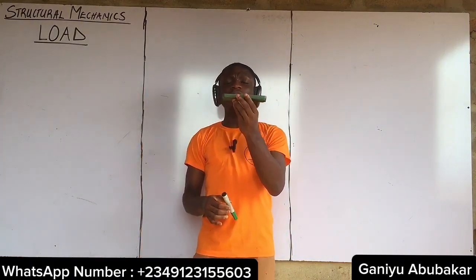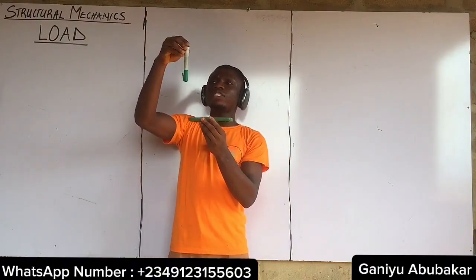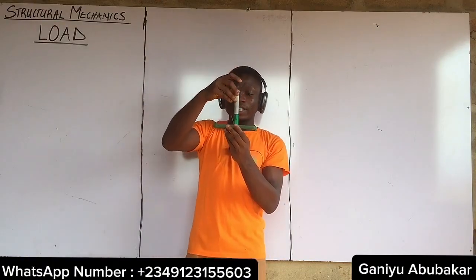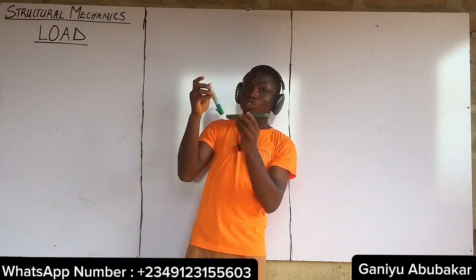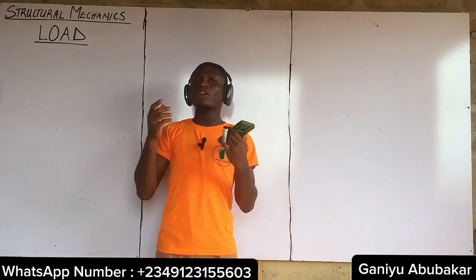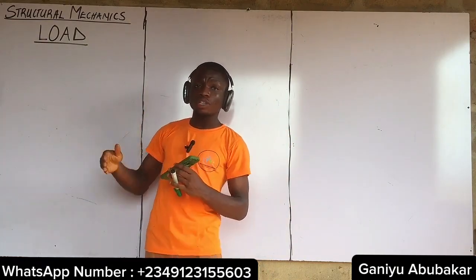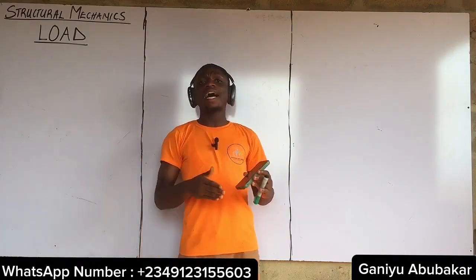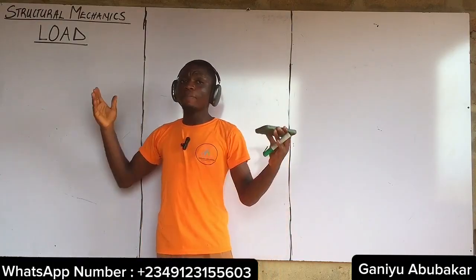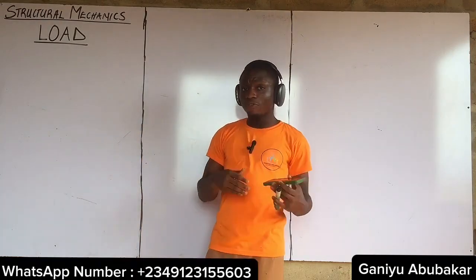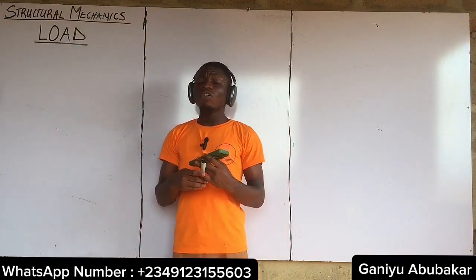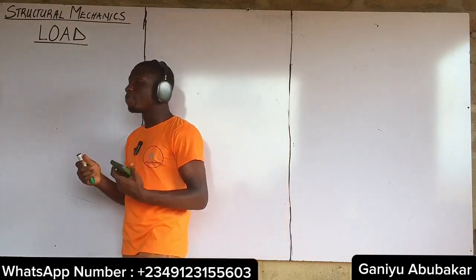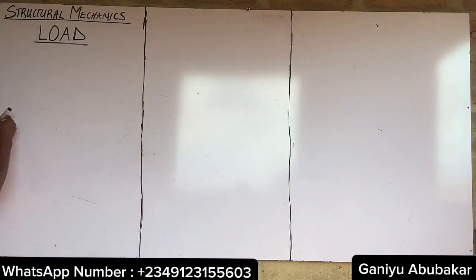If I have this phone here and I put this marker on it, this marker becomes a load to this phone. So that's the concept behind load. All right, having discussed the definition of load, let's discuss something important called types of load.